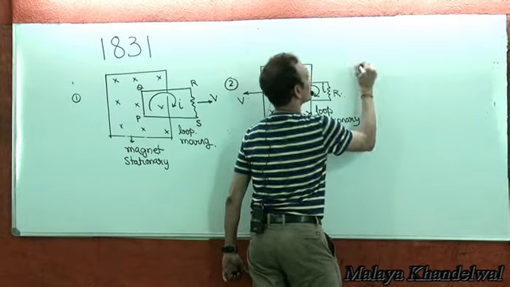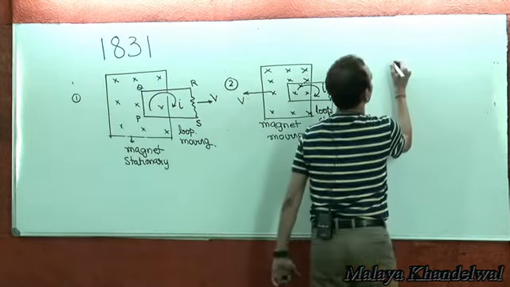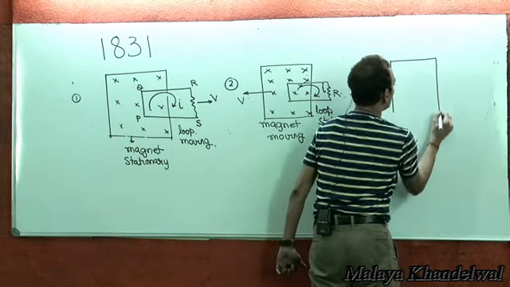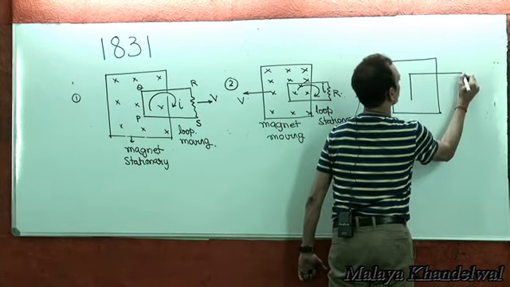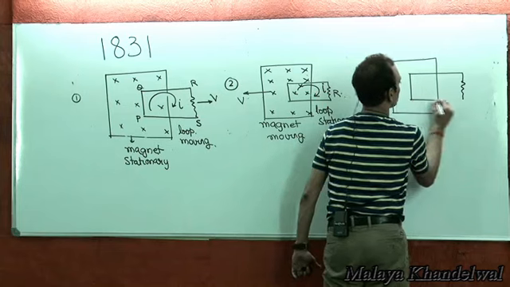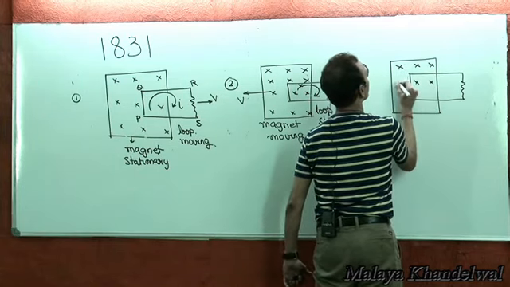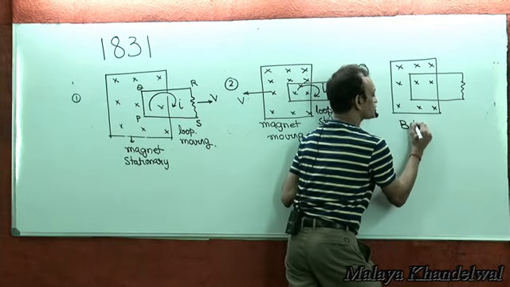Experiment 3. He maintained both the loop and the magnet stationary. Both the loop and the magnet were maintained stationary.